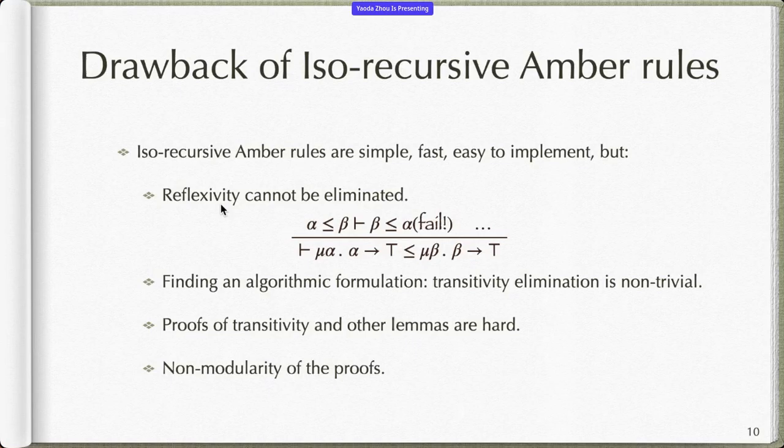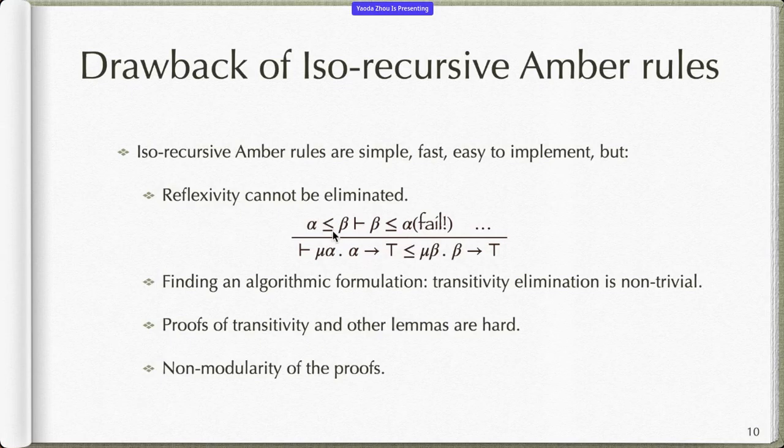So first, reflexivity cannot be eliminated. Assume we want to check two identical recursive types are subtypes, where the recursive variable is appearing on the contravariant position. Without the reflexivity rule built in, we cannot get a successful derivation, because for this example, we can only apply the recursive rule.